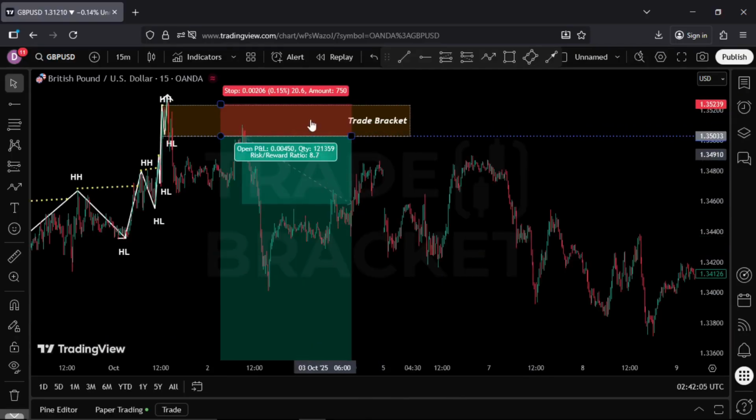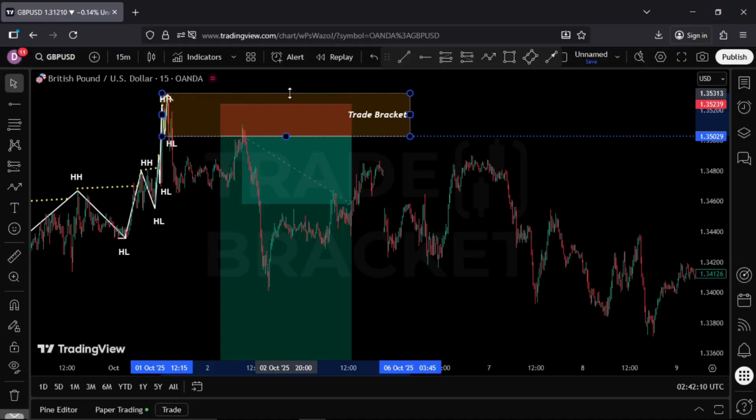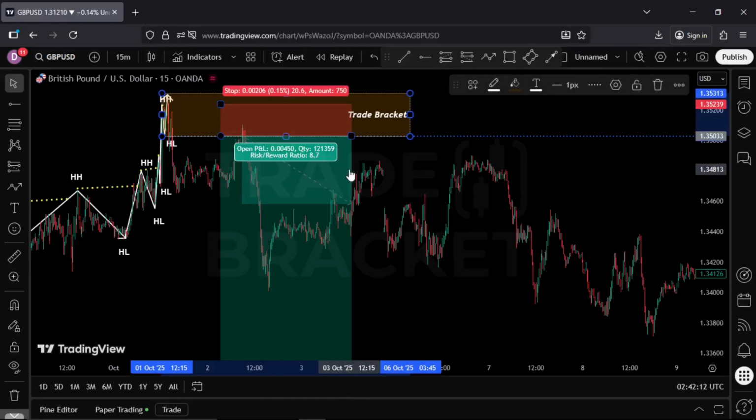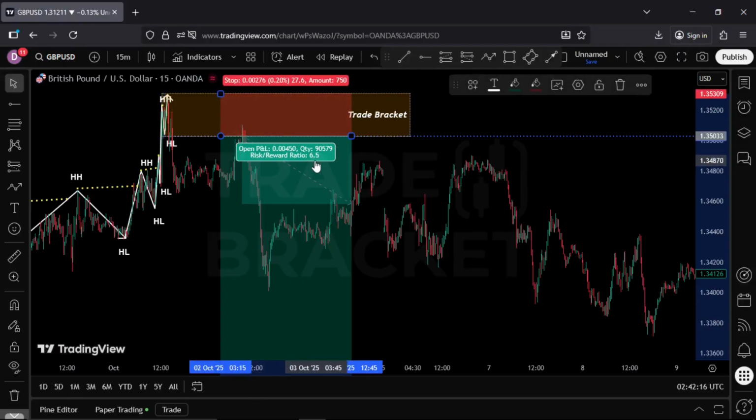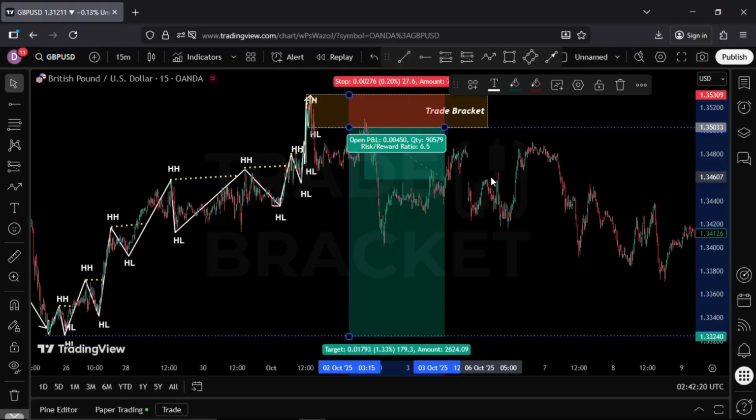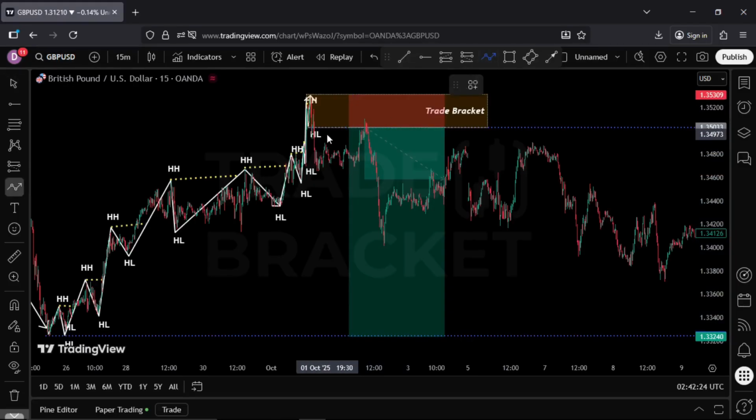So now let me adjust the trade bracket and I'll show you what I've just been explaining. If I adjust my trade bracket right there, I will also adjust my stop loss. As you can see, the risk to reward ratio goes down, but this right here is safer because the chances of price actually coming back to take you out will also be minimal.